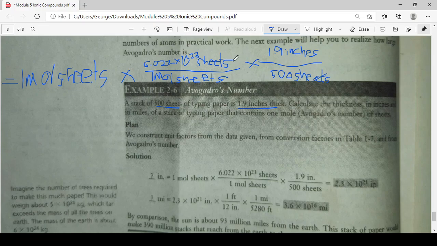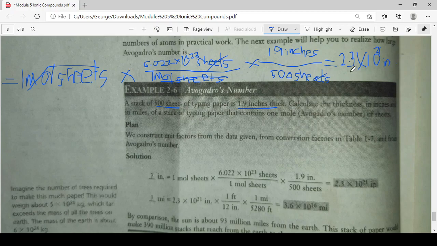Cancel the sheets, cancel the mole of your sheets, and you have your 1 mole, cancel. Finally, we have 2.3 inches. Only inches are left. And multiply this by 1.9 before we divide it by 500, times 10 raised to the power of 21 inches.